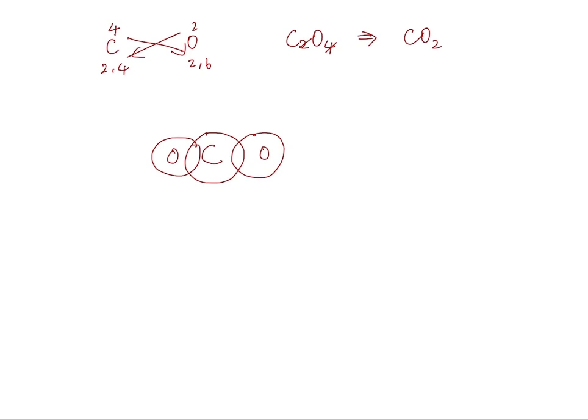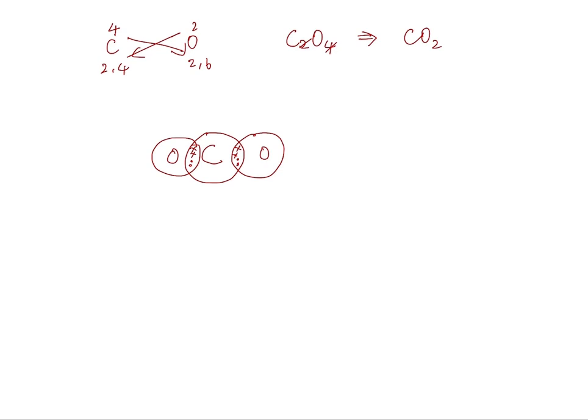So there are 2 spaces here. For 2 spaces, we share 2 each, altogether 4. And then for oxygen, it needs to share 2 electrons to become stable for each of the oxygen. So 2 electrons here, and this oxygen 2 electrons.